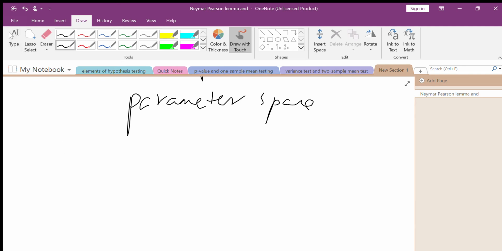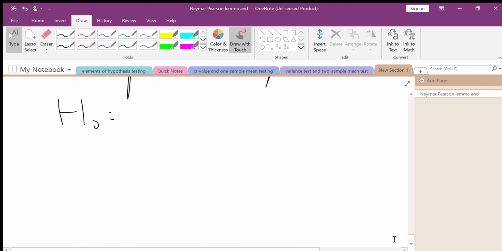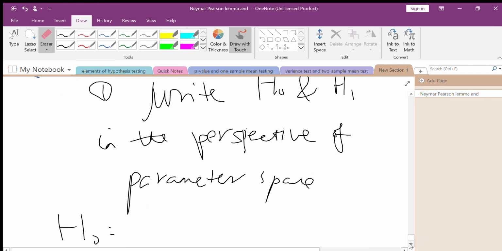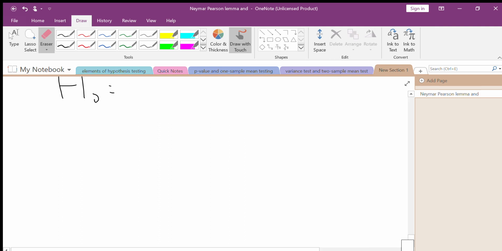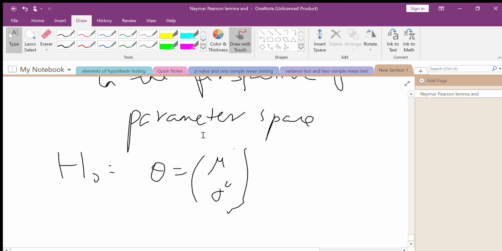So let's do this. First, the null. Here theta is mu, and actually we have two parameters for theta, because sigma squared is unknown, we have to take it into consideration also. So theta equals (mu, sigma squared) is from the null parameter space capital theta 0. And what is capital theta 0?